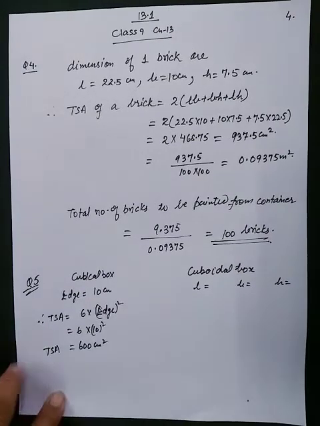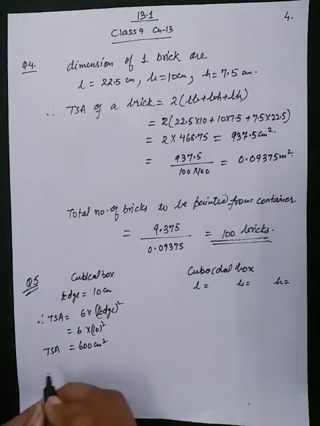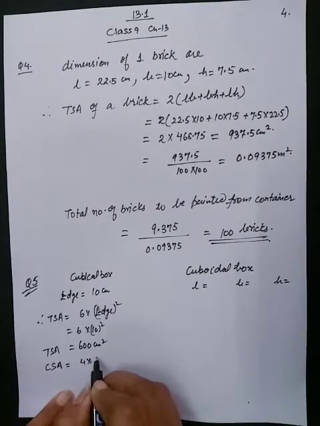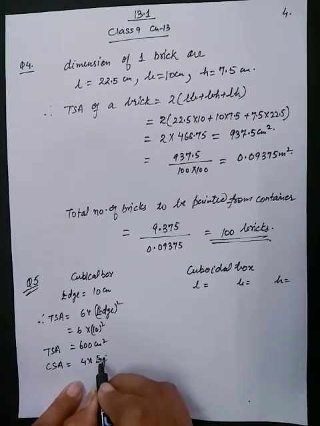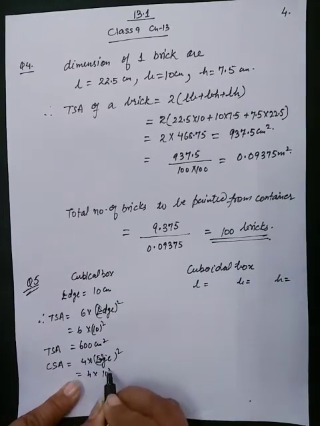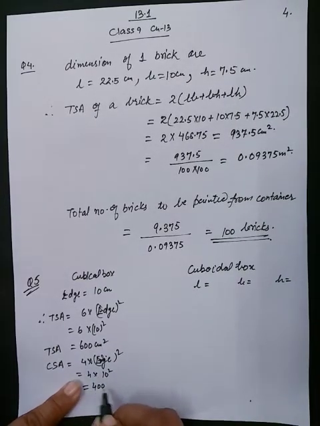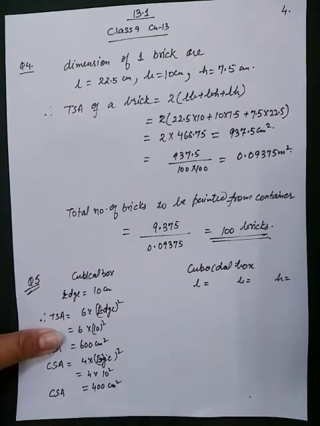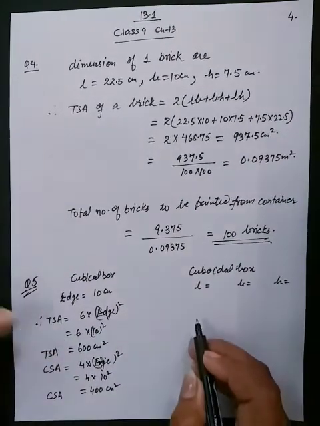This is the TSA of cubical box. Now we have to find its CSA also. It will be 4 into edge square, and it will be 400 centimeter square. So this is the CSA of cubical box.